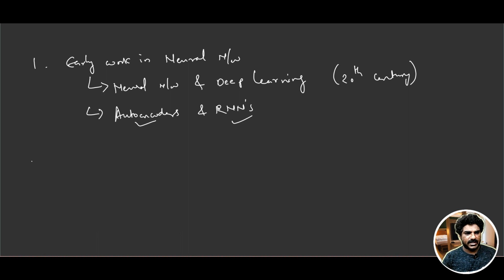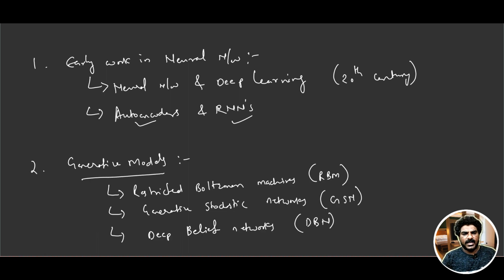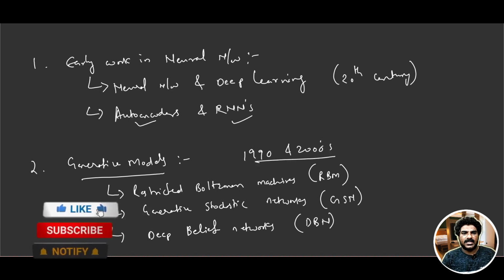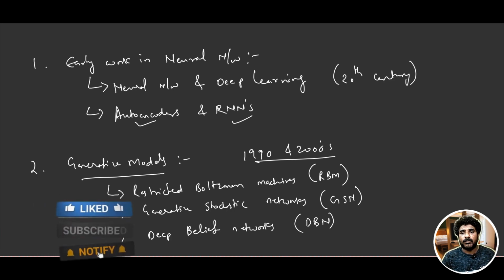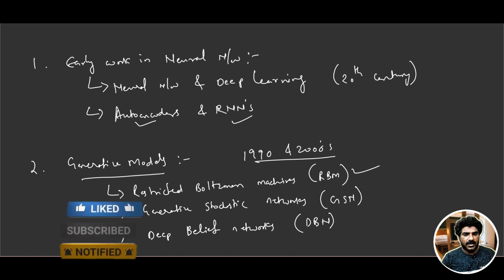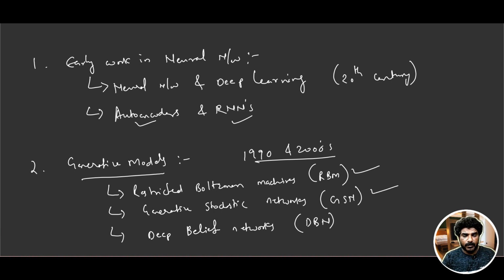The next point is generative models. In the 1990s and early 2000s, researchers introduced many generative models, such as RBMs, restricted Boltzmann machines, generative stochastic networks, and deep belief networks. But these generative models were not so popular.